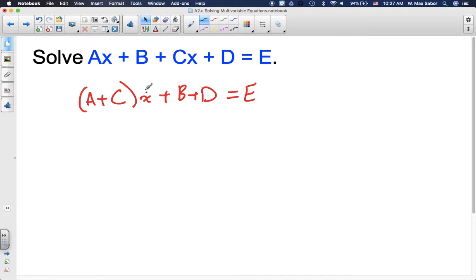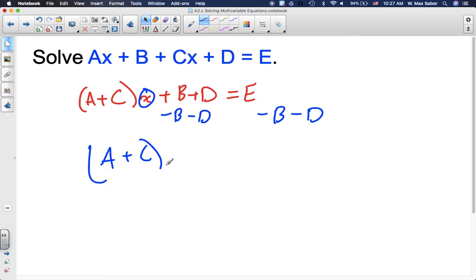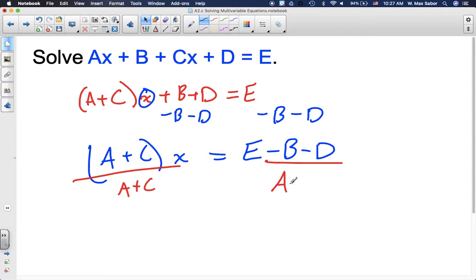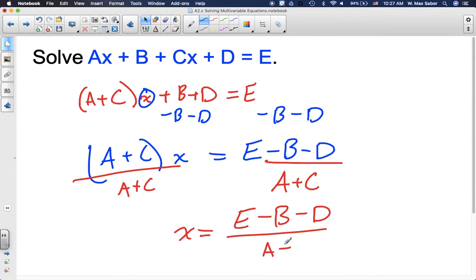Now we're trying to solve for x, so we're trying to get rid of b and d. So we have a plus c x equals e minus b minus d, and dividing by a plus c gives us x equals e minus b minus d over a plus c.